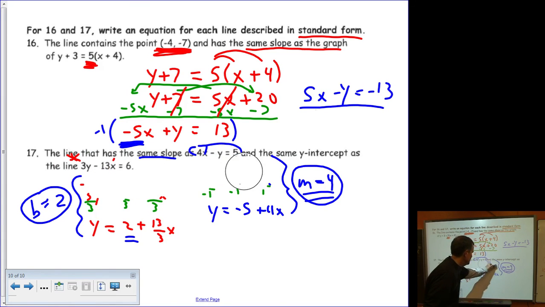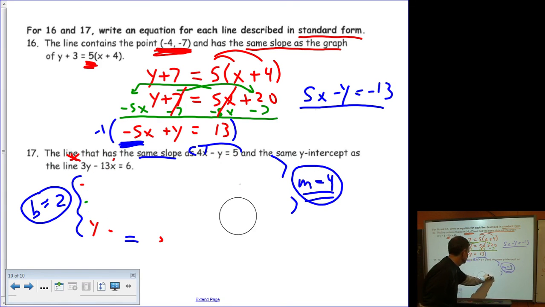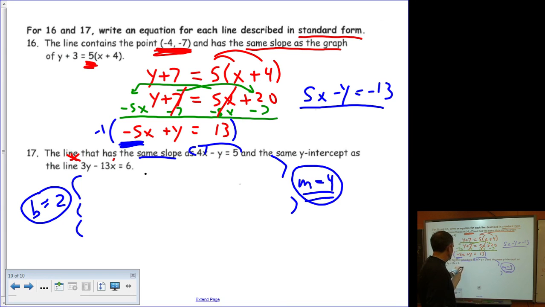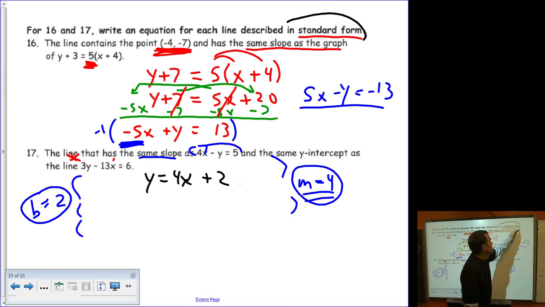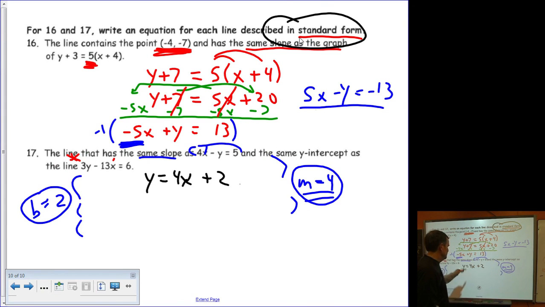Let's create a little space here. So my line would be y equals 4x plus 2. But I'm supposed to write that in standard form. That's what the directions said here at the top. So the x term needs to move over here.